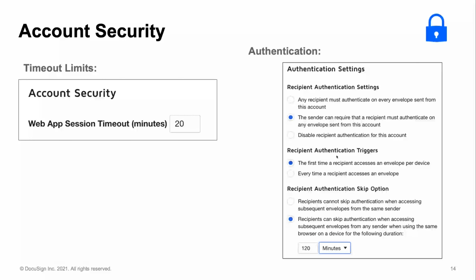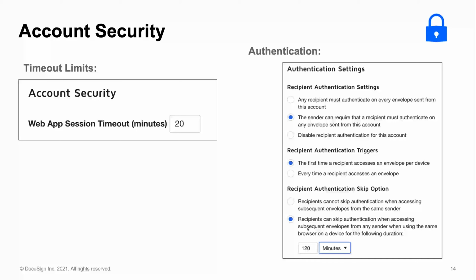You can also determine the triggers for authentication. So this is how often authentication will be required. Is it the first time that someone accesses an envelope per device, or is it every time that someone accesses an envelope? You can also determine that if a recipient is being sent subsequent envelopes from the same sender, if they should be able to skip authentication in that case.